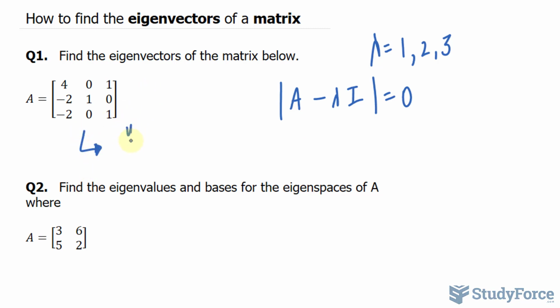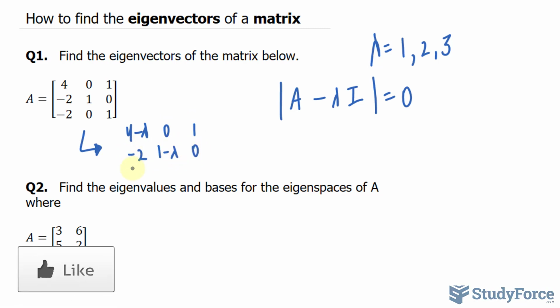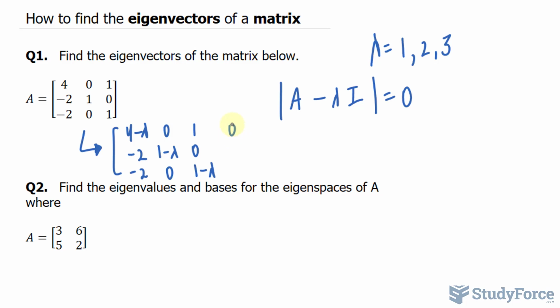You should end up with 4 minus lambda, 0, 1, minus 2, 1 minus lambda, 0, and negative 2, 0, and 1 minus lambda. So this is the resultant matrix after subtracting this from the original. And since we're making this matrix equal to 0, I'm going to add another column of zeros.